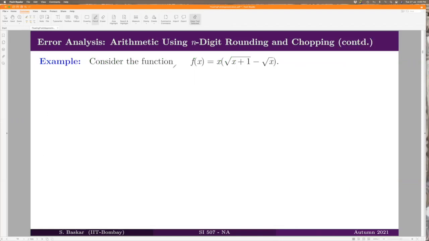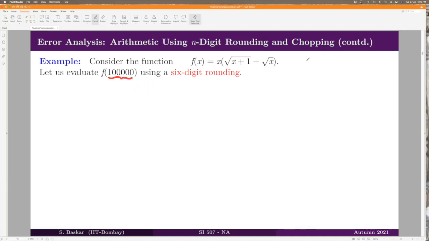Let us consider the function f of x equal to x into root of x plus 1 minus root x. We want to evaluate this function at the point x equal to 1 lakh, that is 100,000, using a 6-digit rounding calculation. What does it mean?